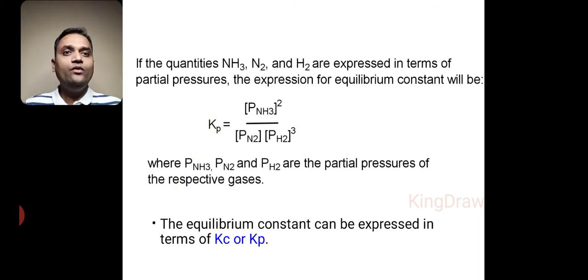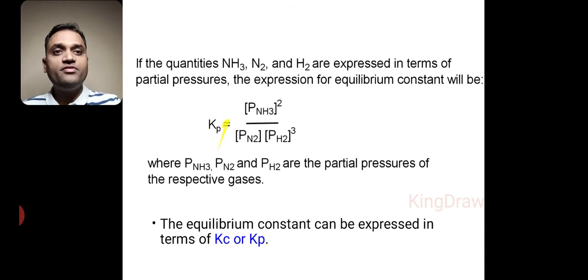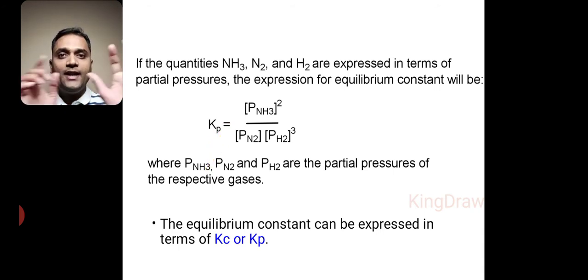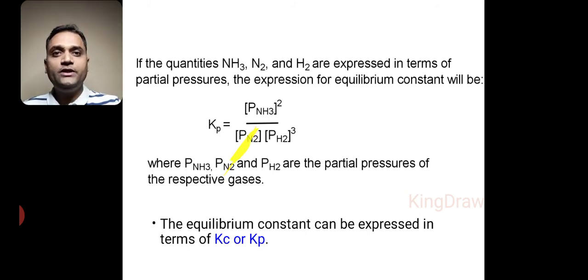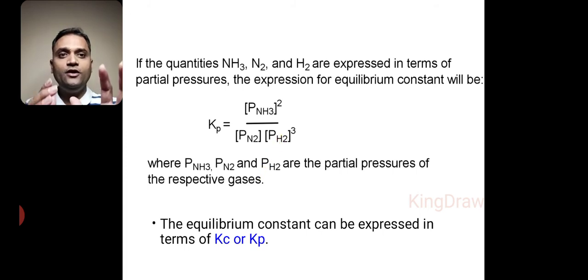Because we have considered the partial pressures, or expressed the quantities NH3, N2 and H2 in terms of partial pressure. So instead of C there is now Kp, and in the brackets there is now P, partial pressure of ammonia squared upon partial pressure of N2 into partial pressure of H2 cubed.